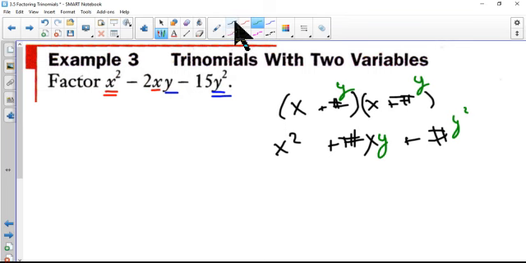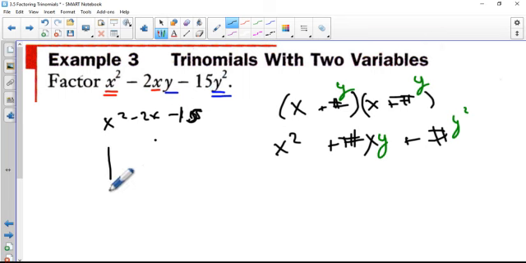So the easiest thing to do is to forget about the y's, pretend it's just x squared minus 2x minus 15, just to figure out the numbers, then put the y's in on the ends of the factors.